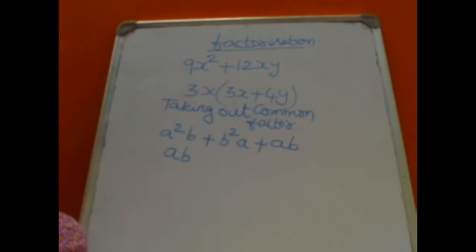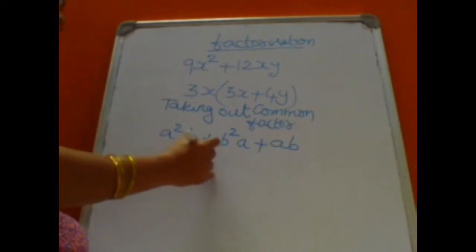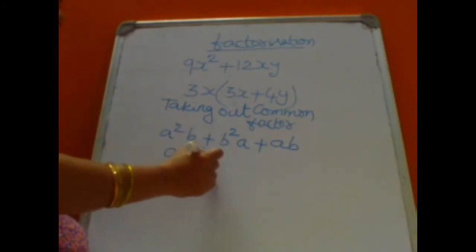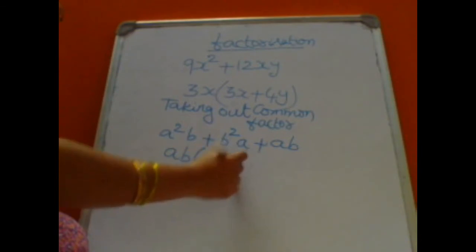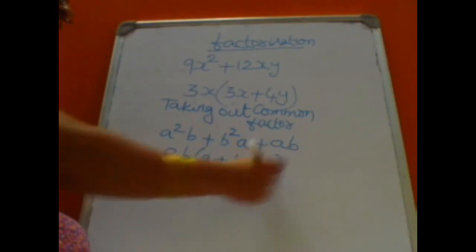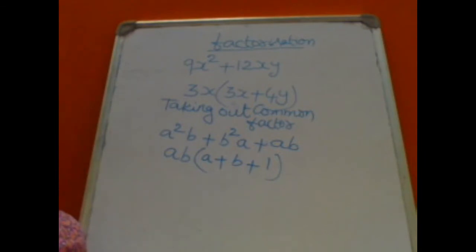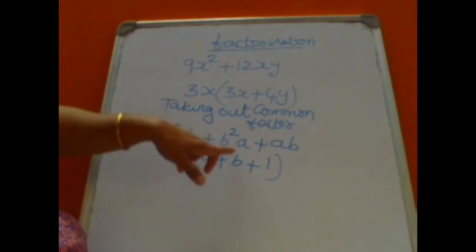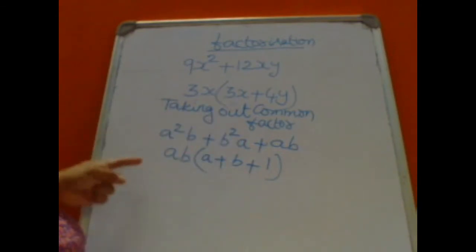Remember, when you are taking the common factor, it should be common for all the terms of the algebraic expression. So ab is common for all the three terms. Taking ab as common, we will be left with a plus b plus 1. So you can say that the factors of a square b plus b square a plus ab are ab and a plus b plus 1.